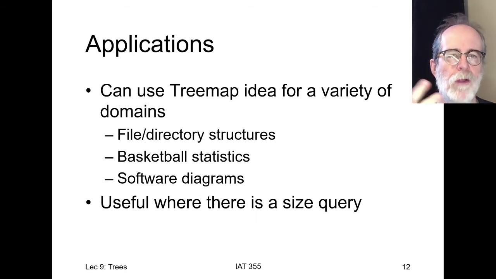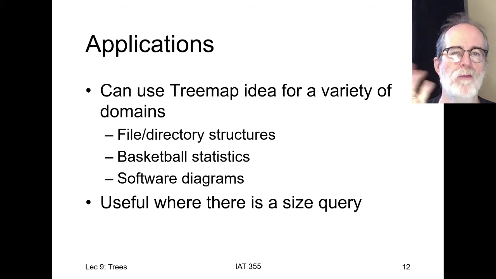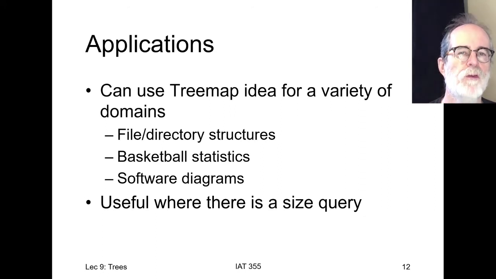So one of the first uses of this thing was to depict file and directory structures, to answer the question you're always asking once your disk gets full: what's hogging all my disk? You could use this for statistics, for sports, for software, and as we've just shown, for examining trends over time, where each of those trends that you're interested in has some kind of quantitative thing that you're interested in.